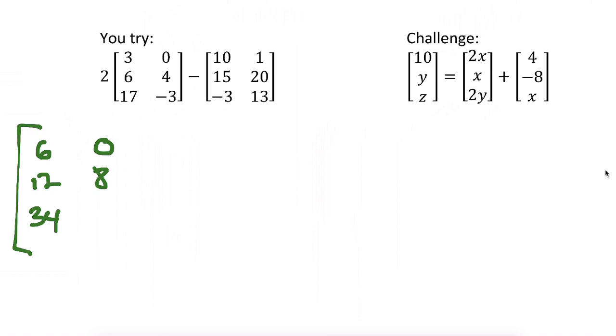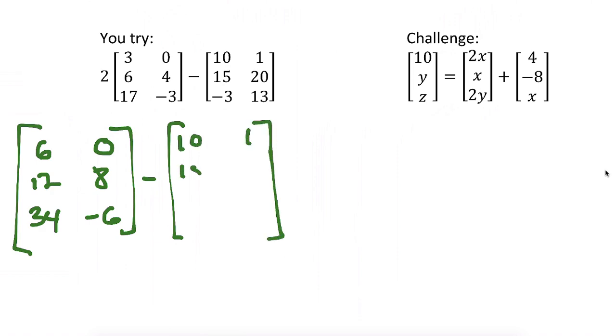And then 2 times negative 3 is negative 6. And we're still going to subtract 10, 1, 15, 20, negative 3, 13.